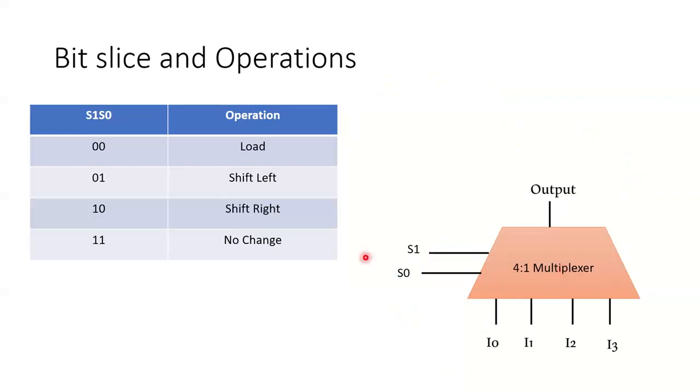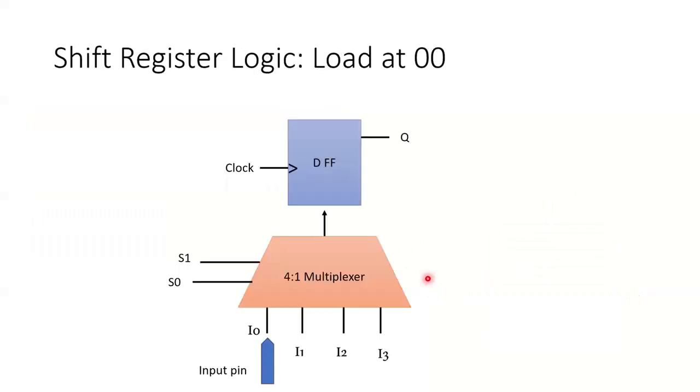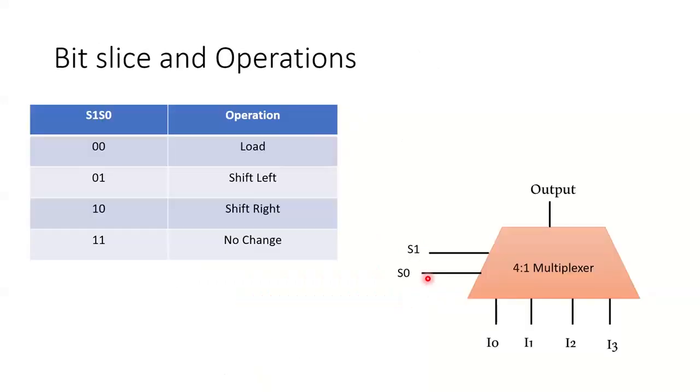Suppose you have these 4 combinations. So these are the 4 combinations possible for S1 and S0. And suppose you have S1 and S0 as 0, then what happens is your 0th line gets connected to the output, right?